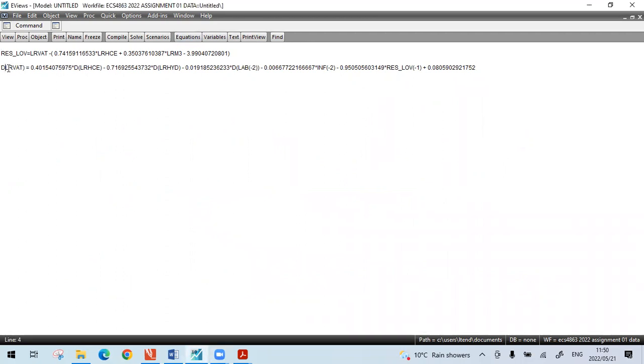I'm removing the D here, the D here. Then at the end, we are saying just add this variable, but it should be legged once. You would have removed the D.